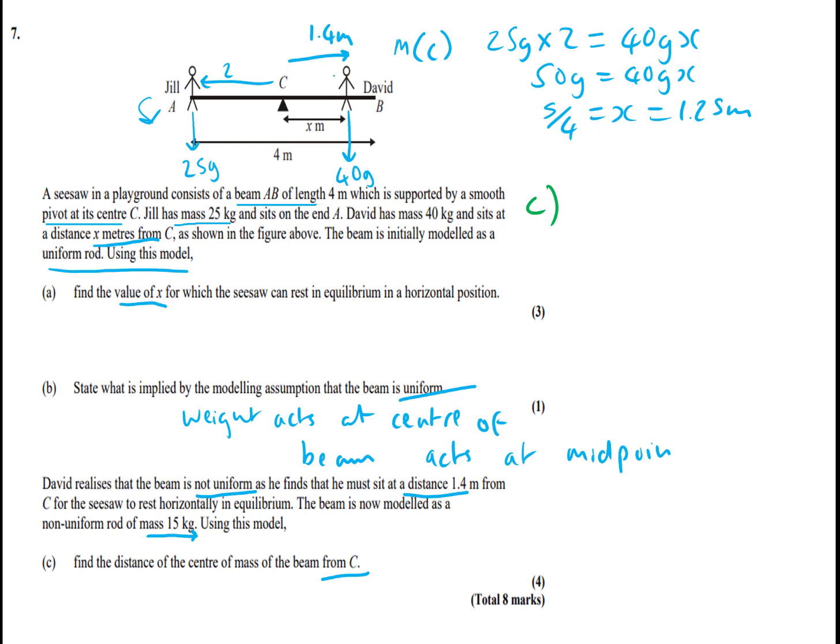So if that's 1.4 meters, there's going to be 15g somewhere around here. Now how can I explain that? So let's think about it. It's got to be around here, because if David is actually still 40g, what's 1.4 times 40g?